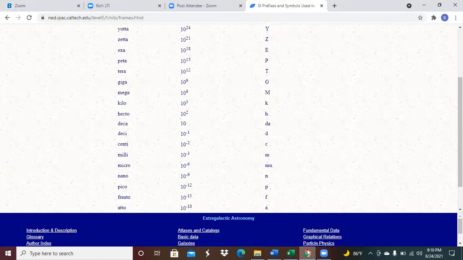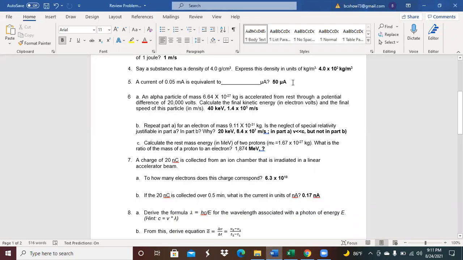So basically, we're going from a milli, 10 to the minus 3, and we're cutting it to micro, which means we're making it even more fine. So what is the difference between milli and micro?